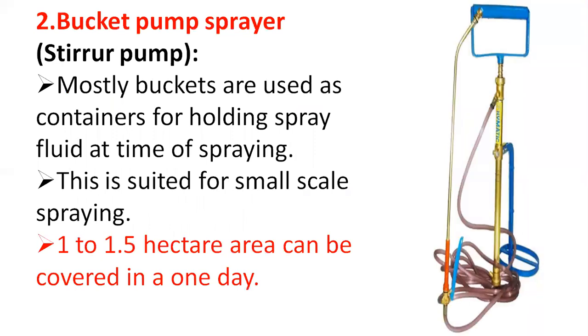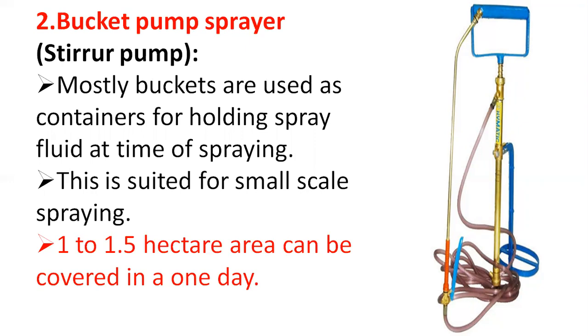That is also what we can call the stirrup pump. This stirrup pump is generally used with a bucket, a container for holding the spray fluid at the time of spraying.